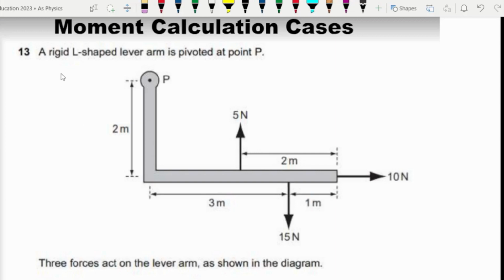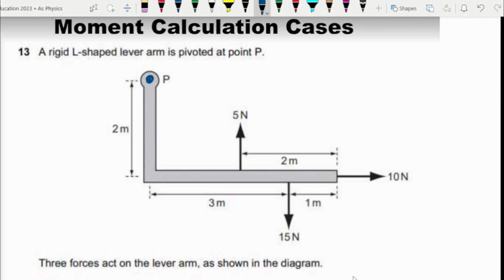This question says a rigid L-shaped lever arm is pivoted at point P. So this is your pivot. Three forces act on the lever arm as shown in the diagram. What is the magnitude of the resultant moment of these forces about point P?